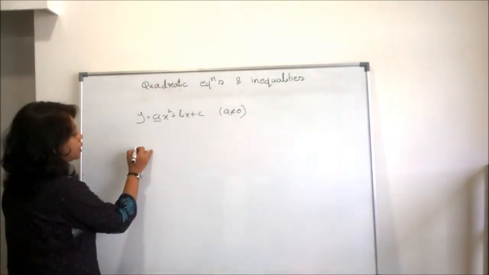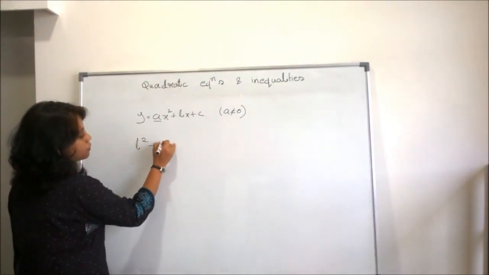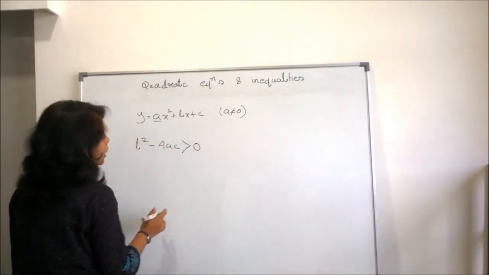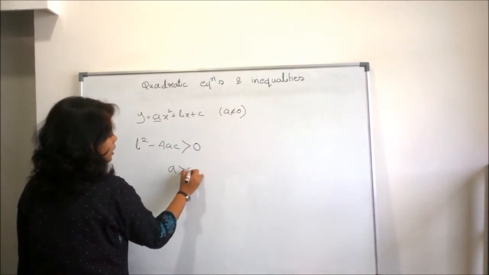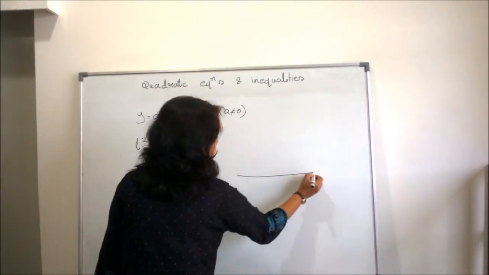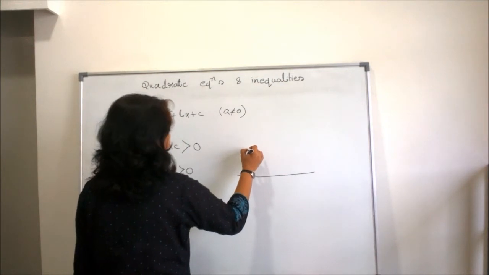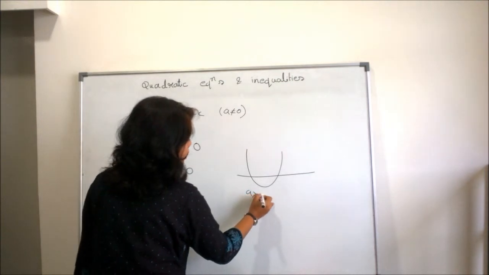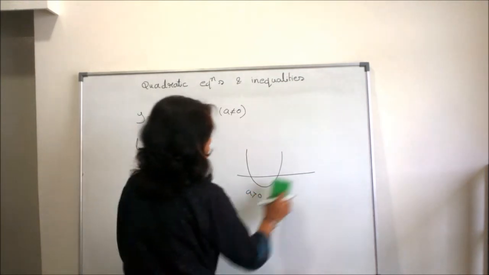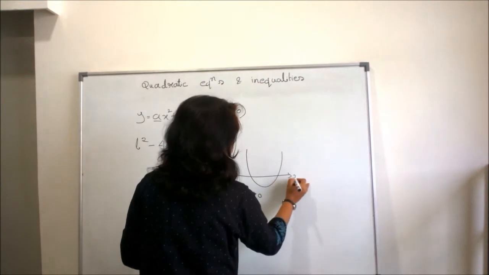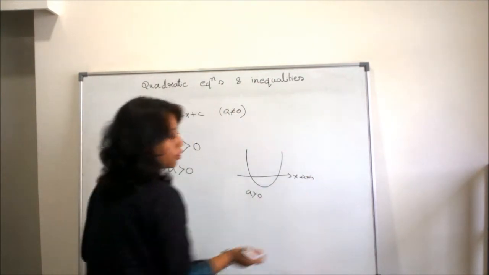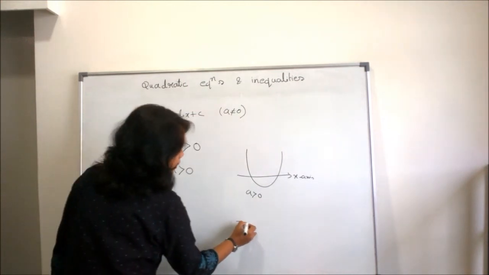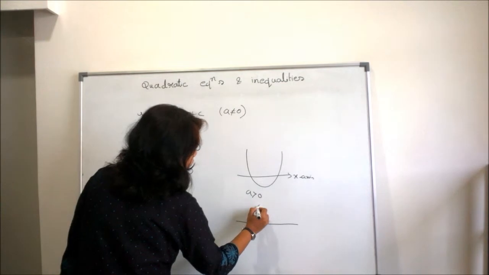That means if b squared minus 4ac is greater than or equal to 0, then when a is greater than 0, if this is the x-axis, our graph will be in this form. And if a is less than 0, and this is the x-axis, the graph will be of this form.